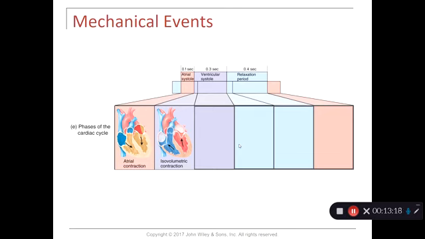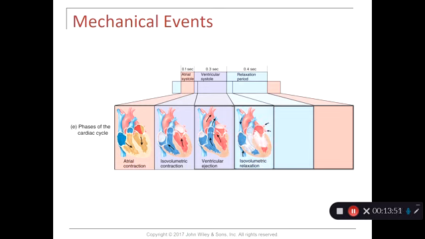So the pressure inside the atria and the ventricles are the same at one point. And that's when you start seeing those AV valves starting to close. As soon as the pressure inside those ventricles builds up enough, it's going to close those AV valves. And then that pressure is increasing more and more, and it's going to force open those semilunar valves.